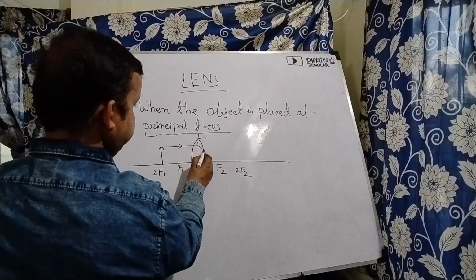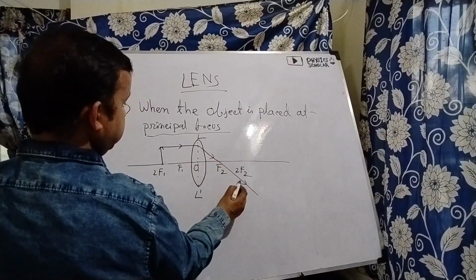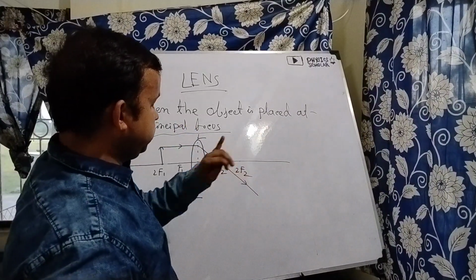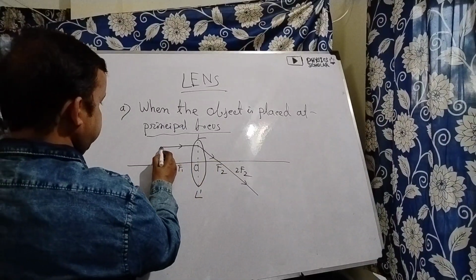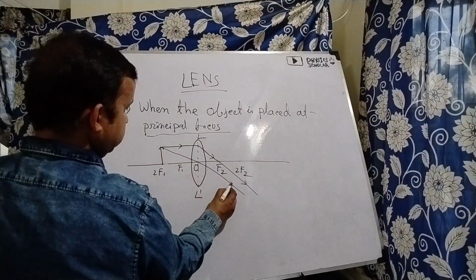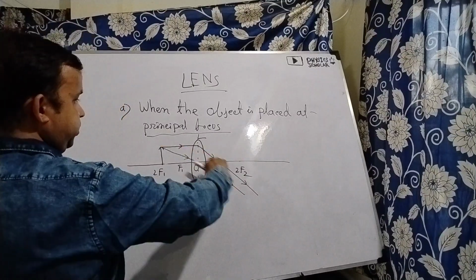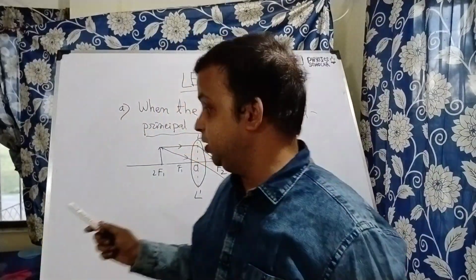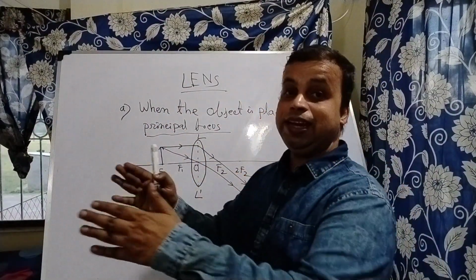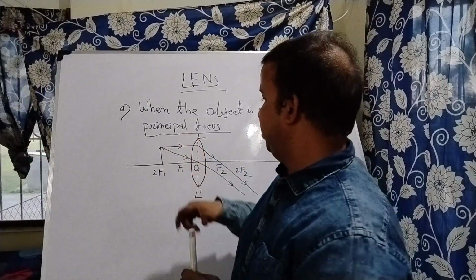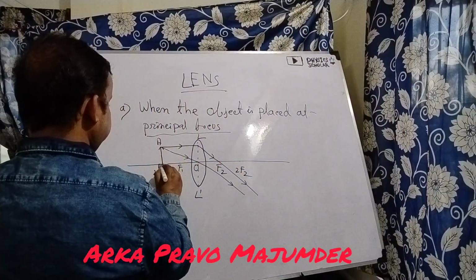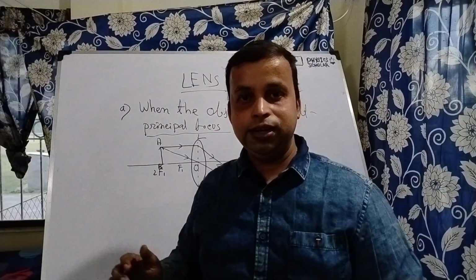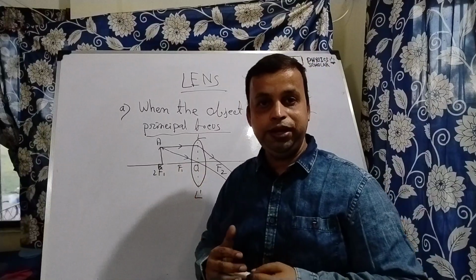This ray will move on this path. You know that a ray of light parallel to the principal axis, after getting refracted, will pass through the focus on the other side. And if a ray passes through the optical center, it will move straight. So these two rays are parallel to each other, which means they will meet at infinity. The image AB will be formed at infinity, where the rays meet.